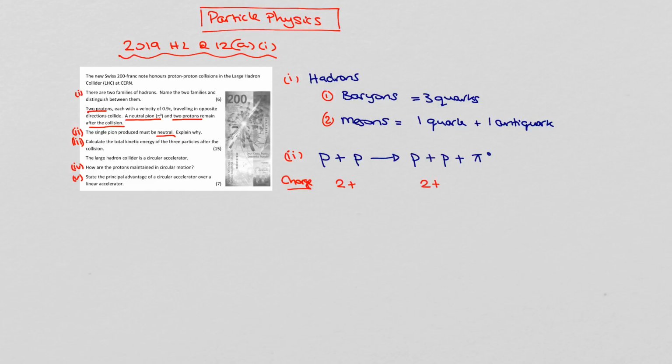So therefore, in order for it to be balanced, there has to be neutral charge here, right? It has to be neutral, because otherwise this wouldn't be balanced. And our answer to the question would be then, therefore, must be neutral because of conservation of charge.